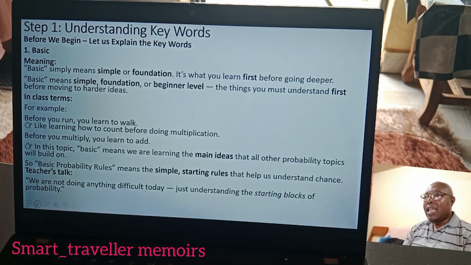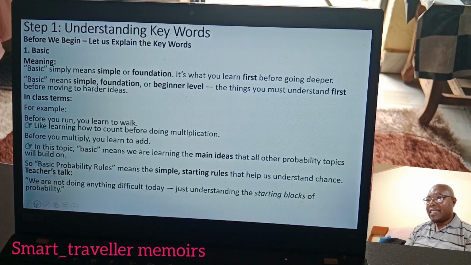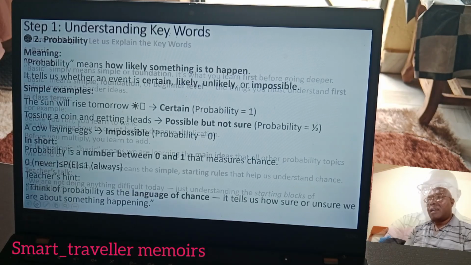Before you multiply, you learn to add. In this topic, basic means we are learning the main ideas that all other probability topics will build on. So, basic probability rules means the simple starting rules that help us understand chance. We are not doing anything difficult today, just understanding the starting blocks of probability.